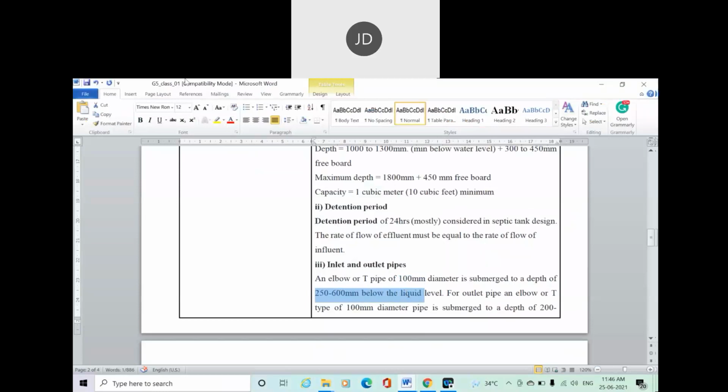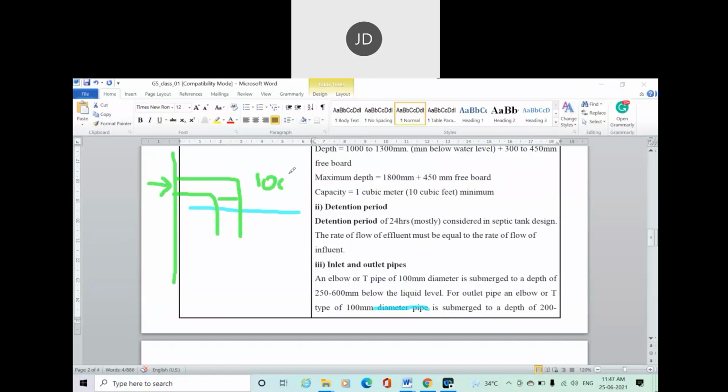That means if you say this is the water level, and suppose the pipe is coming like this, I'll show a different color. Suppose your pipe is coming like this and it is submerged like this. So the wastewater is coming in this direction. Suppose this is your elbow, this dimension is how much?